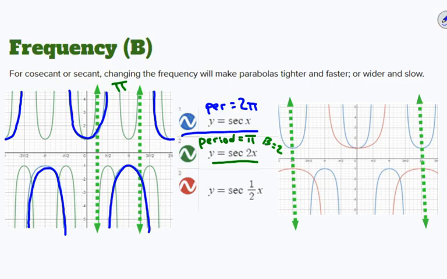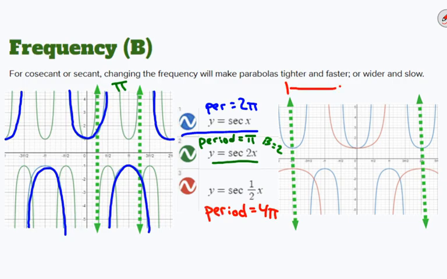And again, our regular period is 2 pi. Now I've sort of dissected what's going on with the frequency here on the first one. Questions about that? The next one, the period is 4 pi because I'm going to divide by 1/2, which is like multiplying by 2. I end up with 4 pi. So this is 4 pi here.